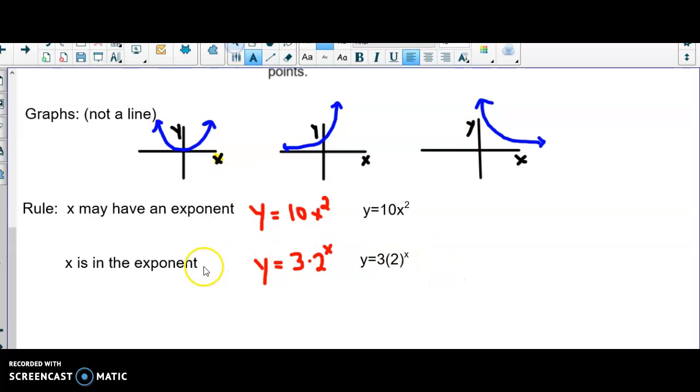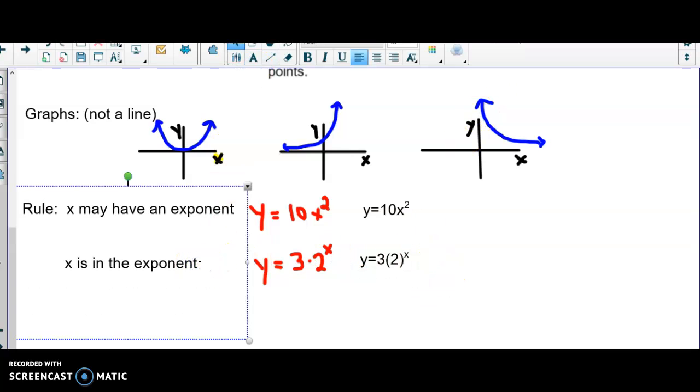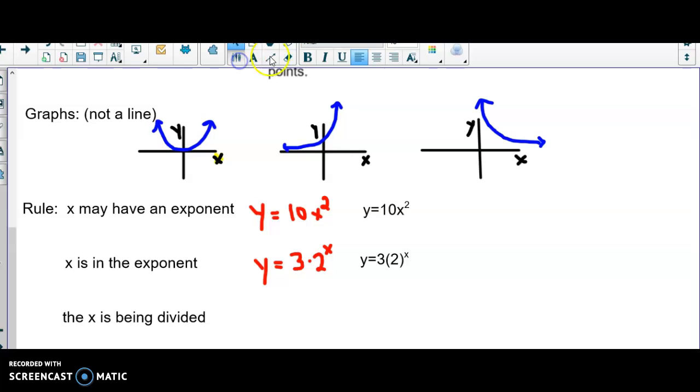And then one other rule is that you have a regular x, okay? The x is being divided, okay? So the rule might look like this. It might be y, and it has a regular x in it, but the x is in the bottom of the division symbol, like this, 10 over x, okay? There's not really a cute way to type this in.